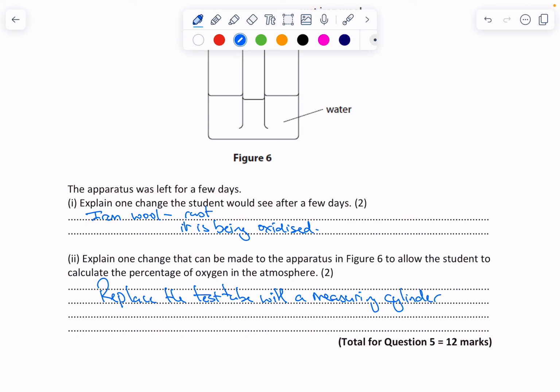And why is that better? We can directly measure the change in volume. So you directly measure the change in the volume in that reaction.